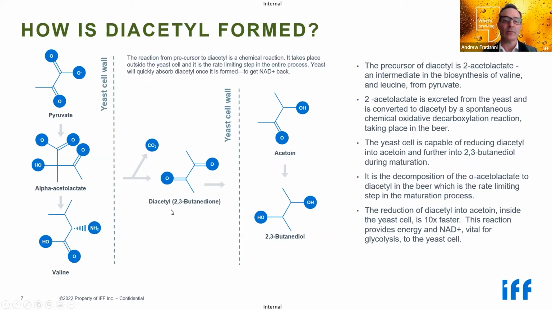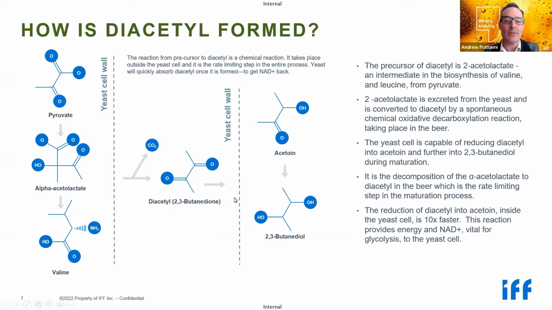And this is also where another confusing idea or terminology comes into play if you're looking at diacetyl formation. We talk about a spontaneous oxidative decarboxylation when we talk about the formation of diacetyl. And to me, this was always a very confusing term. I had no idea what it meant.